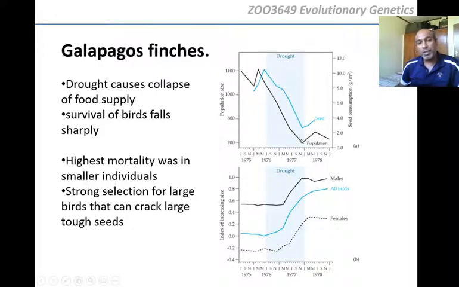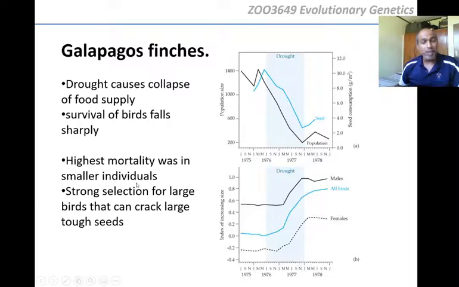All the ones here with small beaks died out because the smaller seeds and the nicer seeds also died out. Okay? So that's why the size of the birds became bigger after the drought, because only the ones who were left after the drought were the big guys who were able to crack the big seeds.